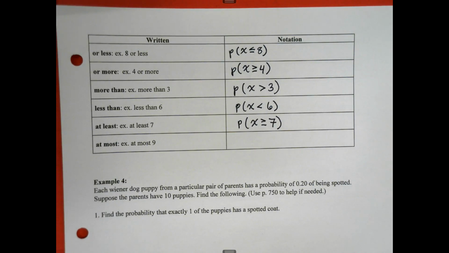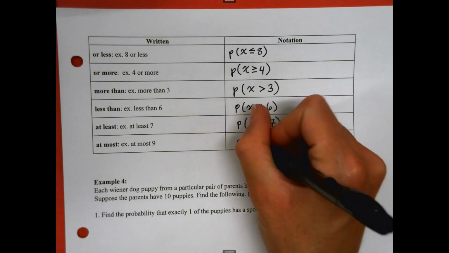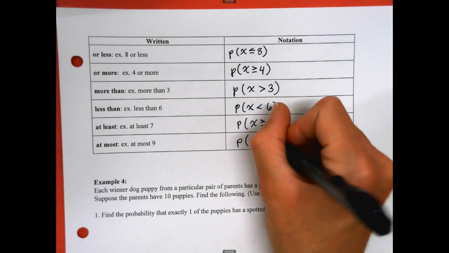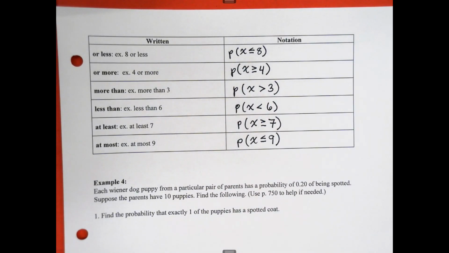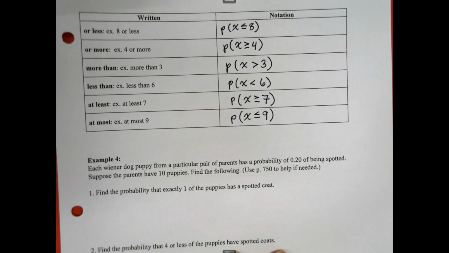And then "at most," so the most it can be, at most 9. So x cannot be greater than 9, but it could equal 9. So x is going to be less than or equal to 9. Within these binomial probability formulas, and in probability distributions in general, you will see problems written with some of these wordings. So that tells you what you need to be looking at.